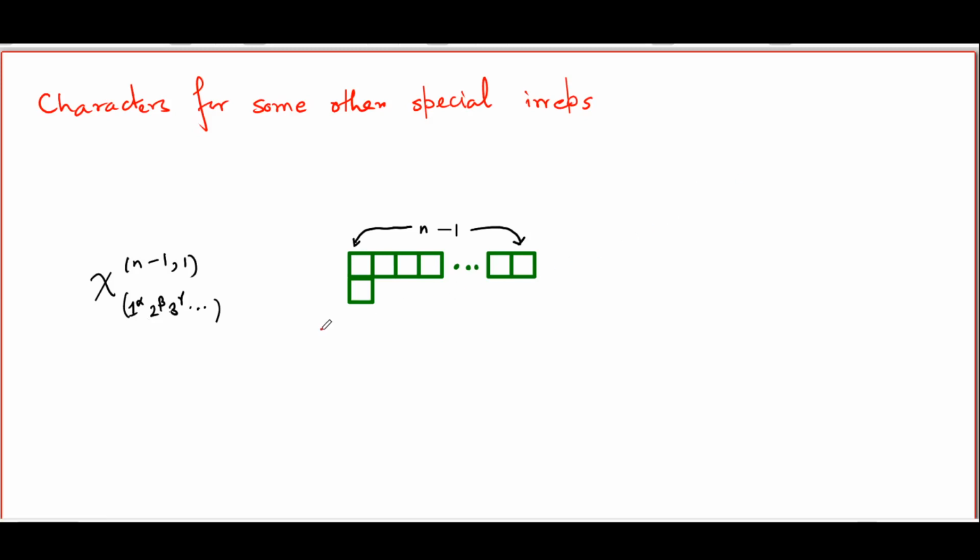Now, notice that putting all alpha 1 dots in the first row is not possible, because once you put all alpha 1 dots in the first row, then you have only a single box left in the second row.